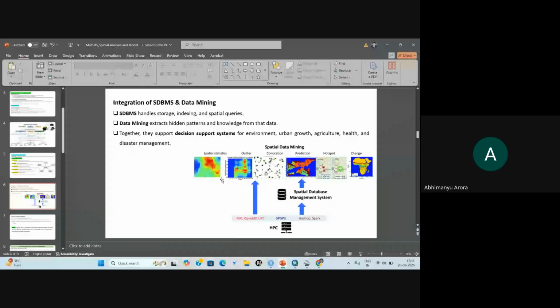Geodatabase also, then the benefit of RS and GIS is integration.